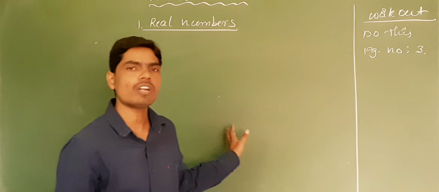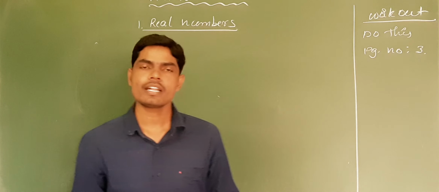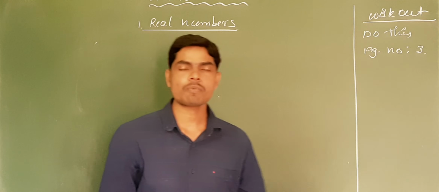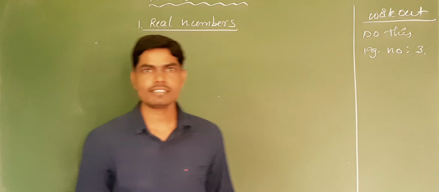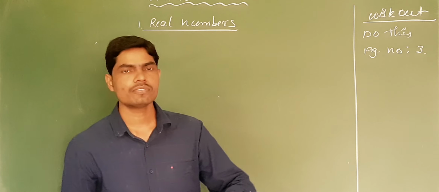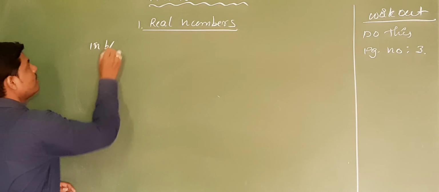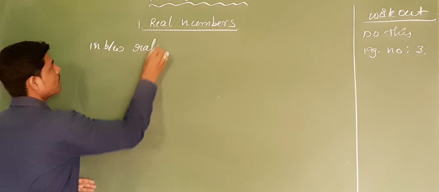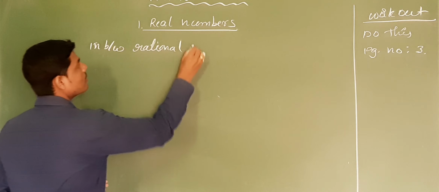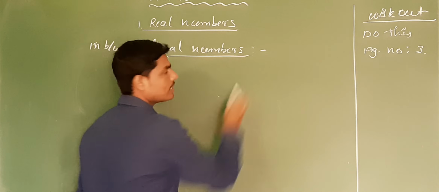So now we have clarity about how to represent rational numbers on a number line. In this process, the next concept is how to find rational numbers in between rational numbers.